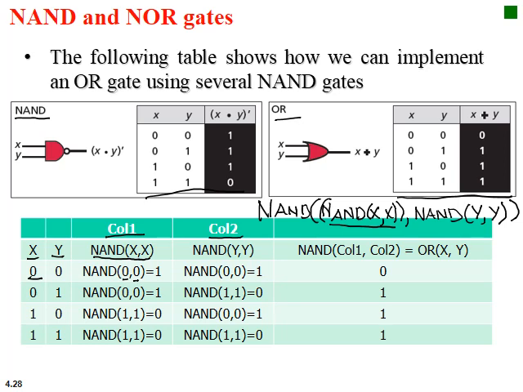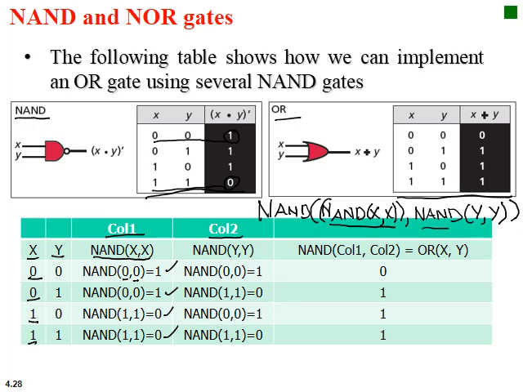So we know by now NAND 0, 0 gives us a value of 1. And the next value of X is again 0, so NAND 0, 0, the same result, gives us 1. And then if X becomes a 1, NAND 1, 1, as you can remember, gives us a 0. And again, for that 1, NAND 1, 1 gives us a 0.